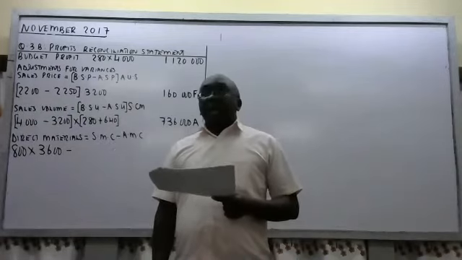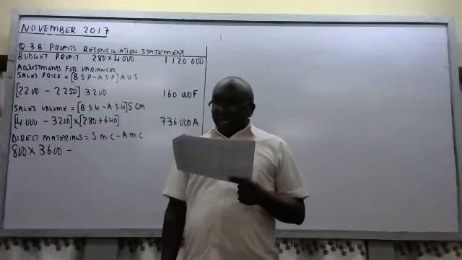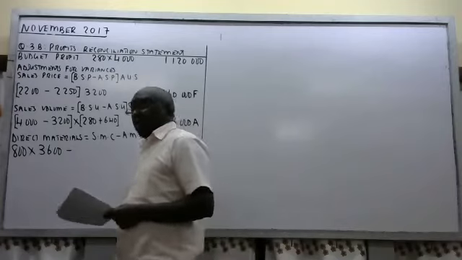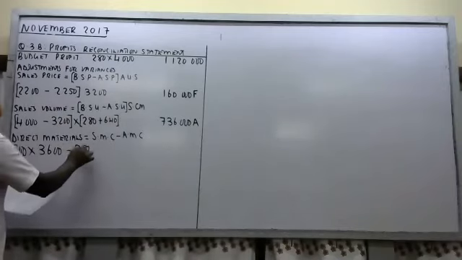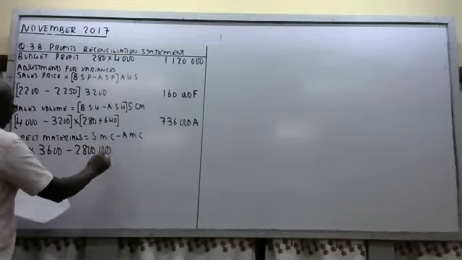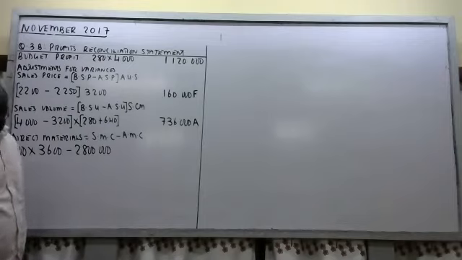Looking at the actual results in information 3, you establish that wood cost us 2,800,000. So you now subtract that.